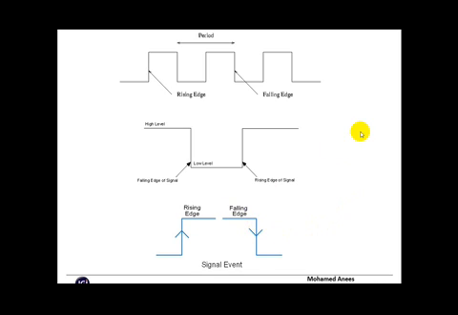Suppose you have designed it in such a way that whenever you get a high level, whatever might be the duration, it means a product has passed. Then you have to configure your microcontroller to detect a high level.